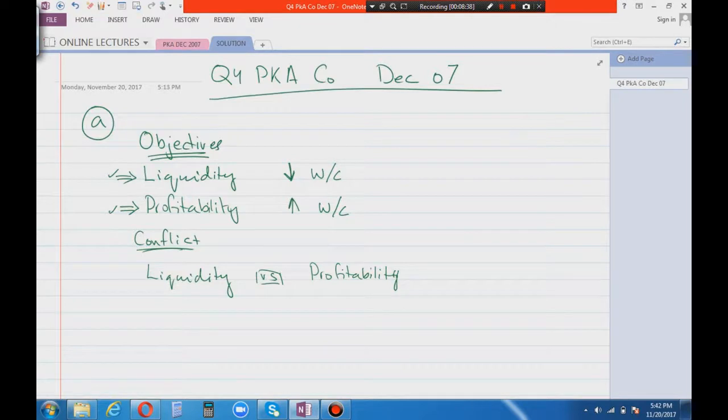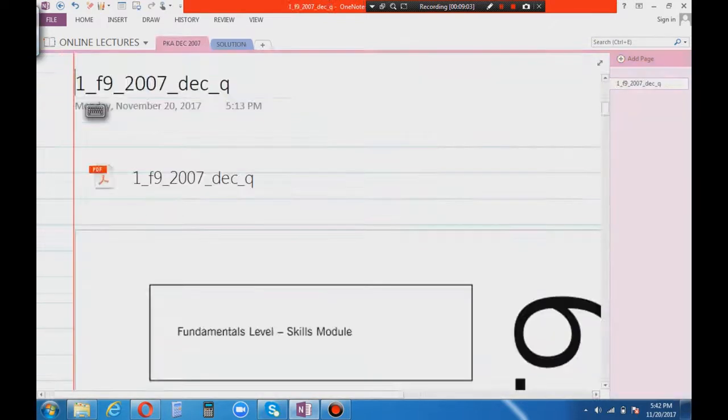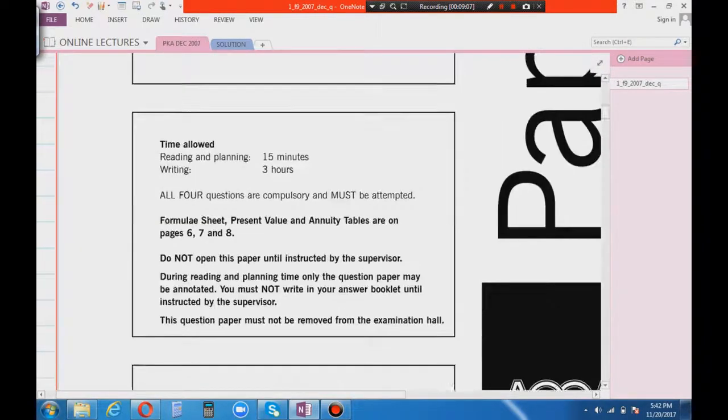Part B. Alright, so what would be the total cost of the current ordering policy?